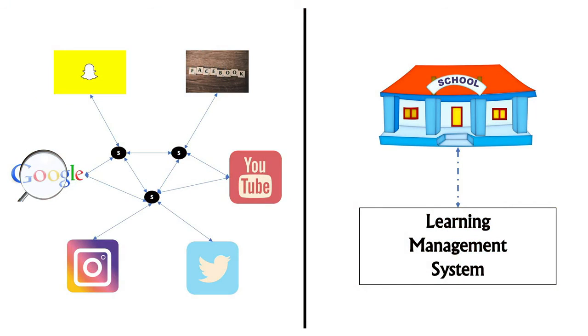Then, if we compare the organizing of learning on an LMS and the one of the students' learning activities, the shadow student learning ecology becomes clearer. On the right, we see the school and the LMS are an organization's official infrastructure for learning.